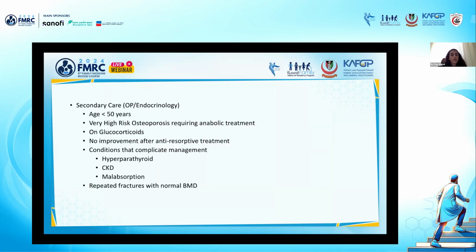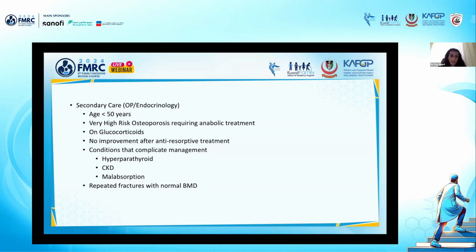Okay. Who else do we refer for secondary care? If the patient comes with a fracture and they are below 50 years, or if the patient comes with a DEXA and the FRAX score indicates risk, they should be referred.